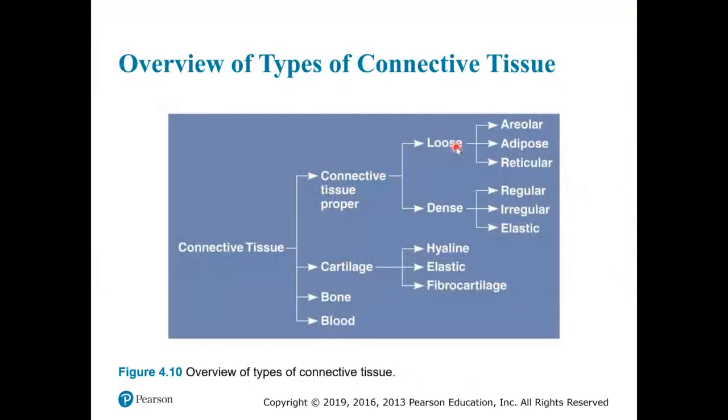Whereas dense connective tissue is mostly fibers, very few cells. So here are the three types of loose: areolar, that's like the diagram I just showed you; adipose, which is fat cells; and reticular, where reticular fibers dominate. And then we have dense: regular, irregular, and elastic. I'll describe each one of those. It has to do with the type of fibers and their orientation to each other. We have three flavors of cartilage, and then bone and blood.